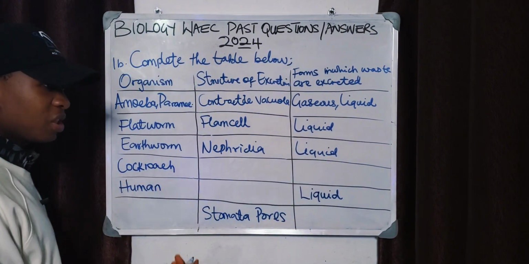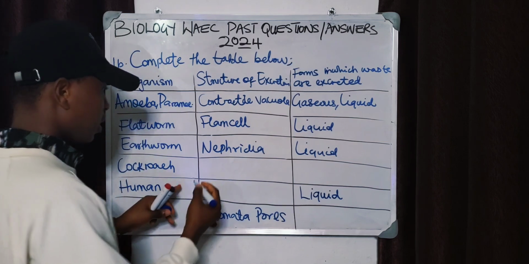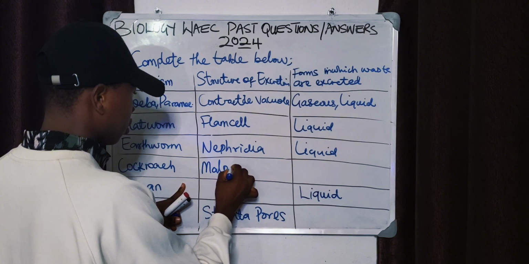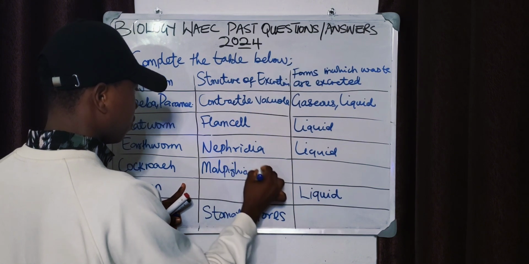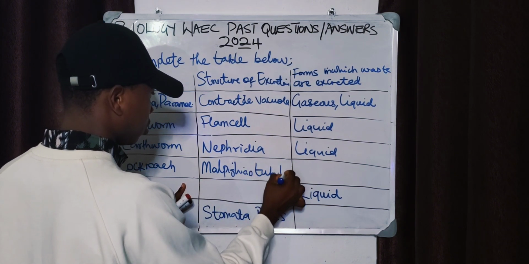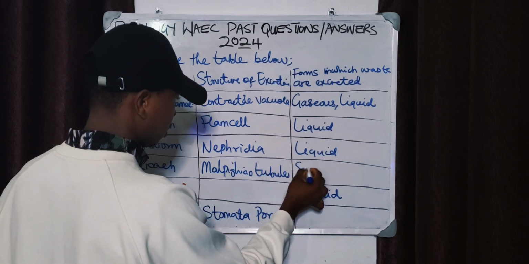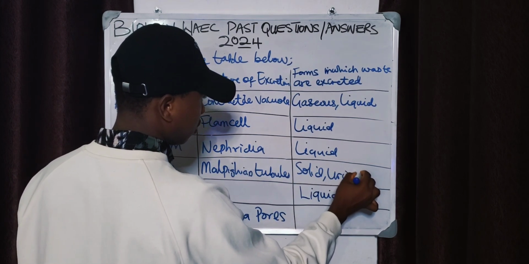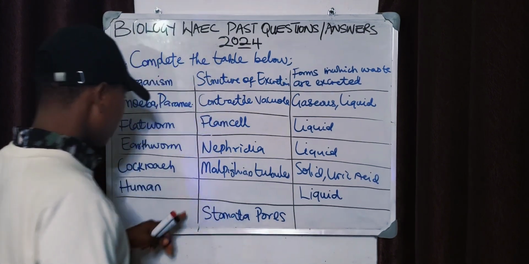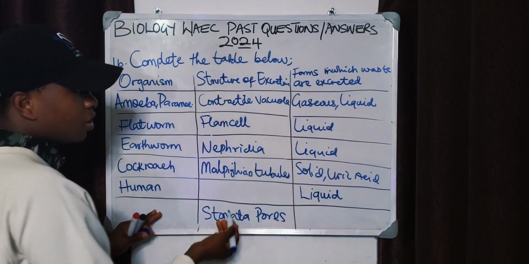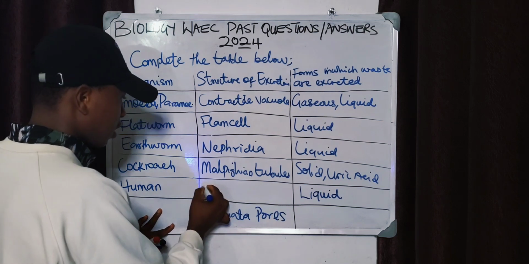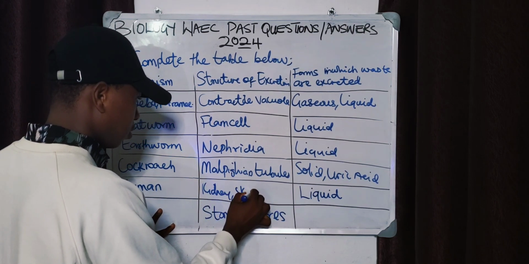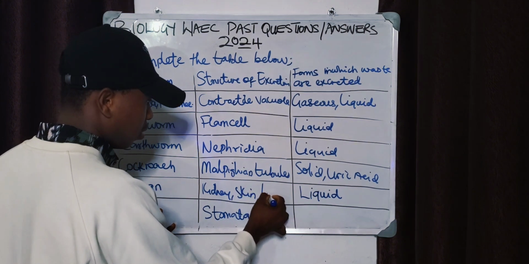Now, cockroach is an insect. So in insects, it is the Malpighian tubules. And in what form? Solid, or you can say uric acid. Now, in humans, obviously, the structures of excretion are the kidney, the skin, and you can add the lungs.